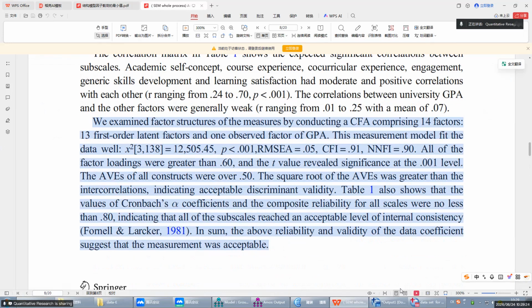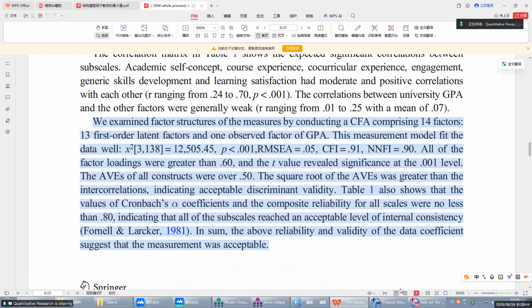This is model data fit, right? CFA, RMSEA, we talk about that a lot. This is chi-square. This is degree of freedom.